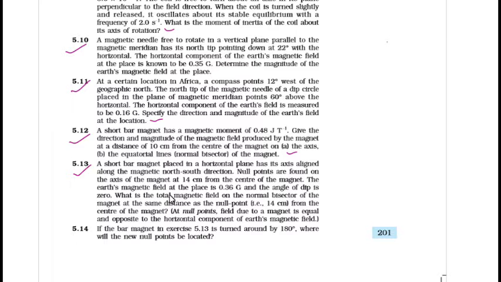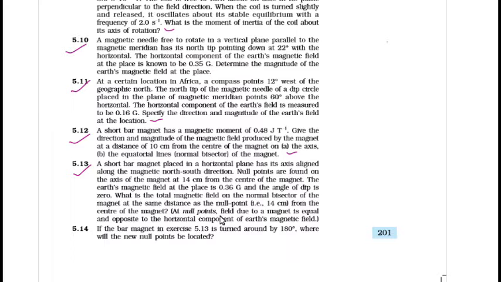The Earth's magnetic field at the place is 0.36 G and the angle of dip is 0. What is the total magnetic field on the normal bisector of the magnet at the same distance as the null point, that is 14 centimeter from the center of the magnet?